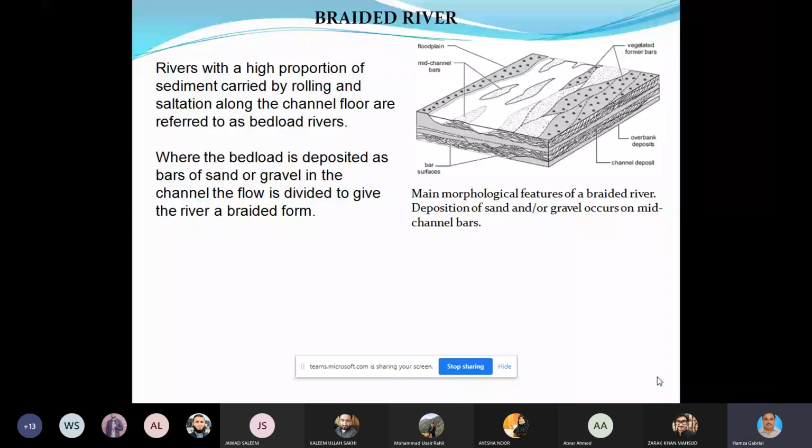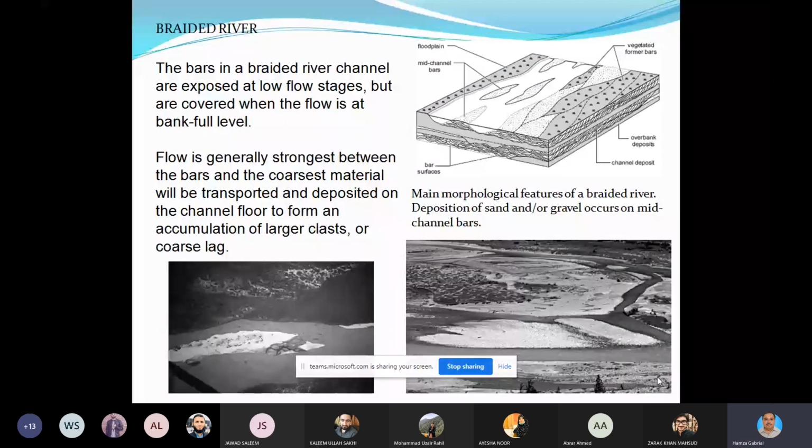So in the braided river, the dominant sediment is the bed load, whereas in the meandering rivers, you will see that the more dominant type of sediment is the suspended sediments.